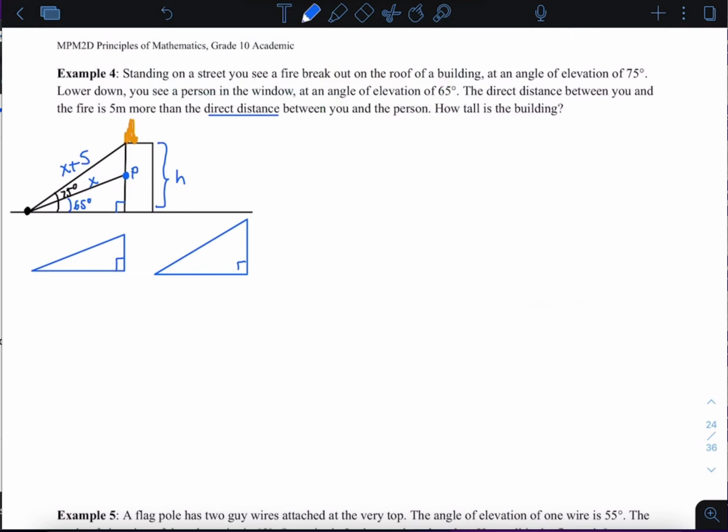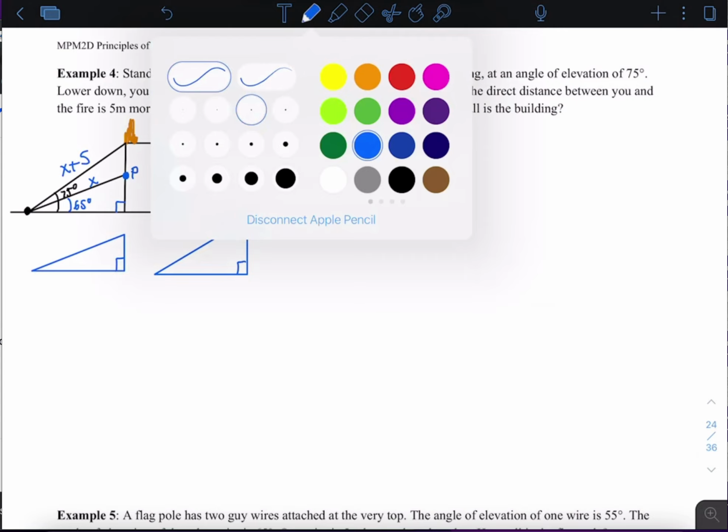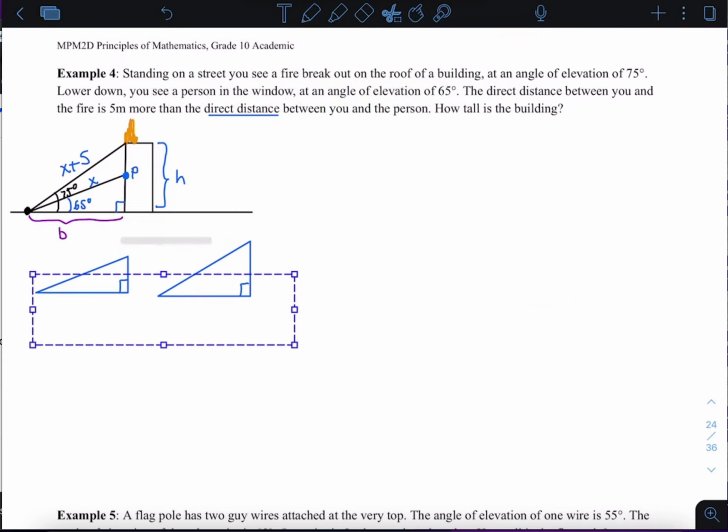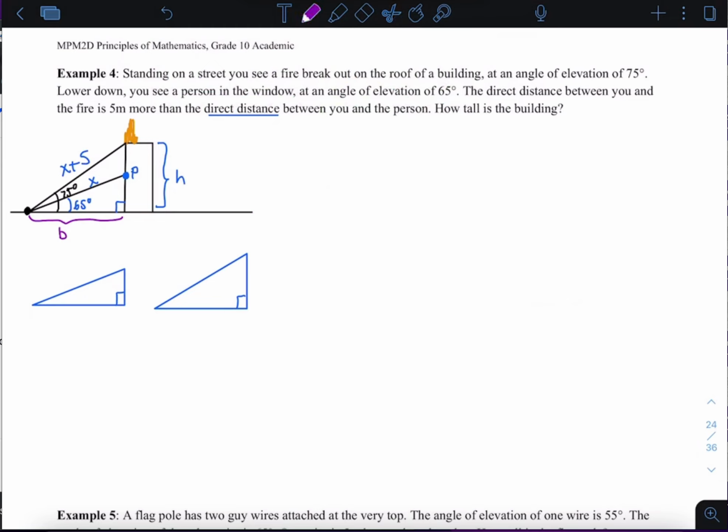And I can notice that they have one thing in common, this base distance. Let's call it B. So both triangles have B as their base. One hypotenuse is x, the other one is x plus 5, with 65 degrees and 75 degrees.